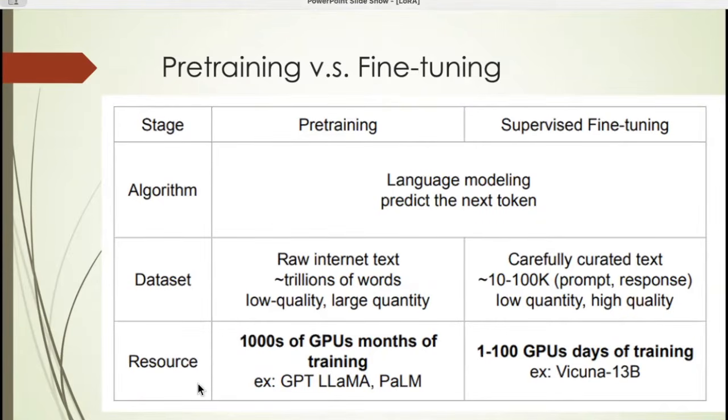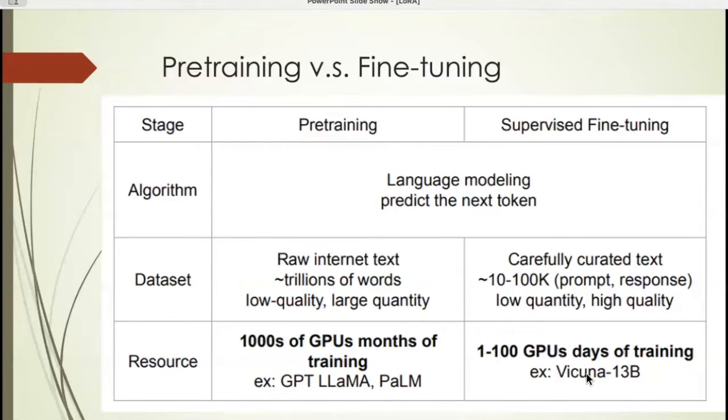In terms of the computing resources, pre-training usually requires lots of days of GPU time to train the foundational models like the GPT model, Llama model, PaLM model, all the pre-trained foundational models. Usually this takes the longest time and the most machines.